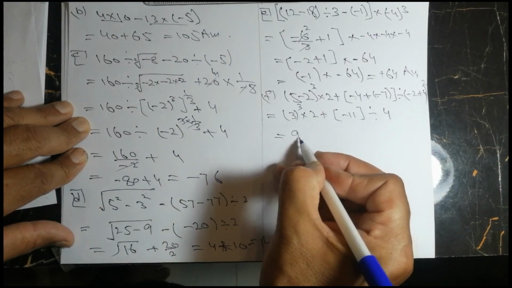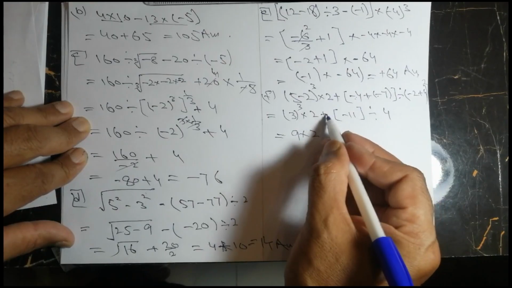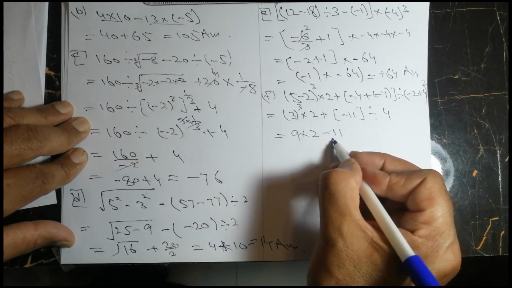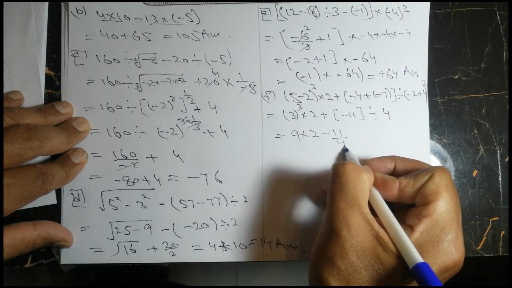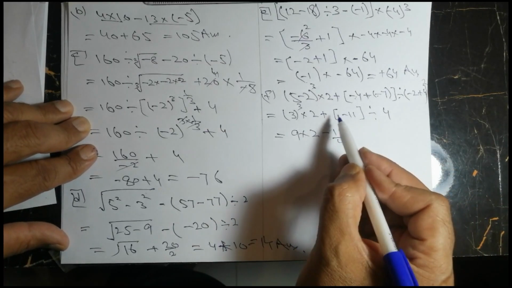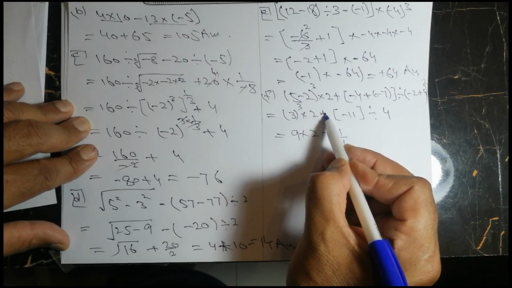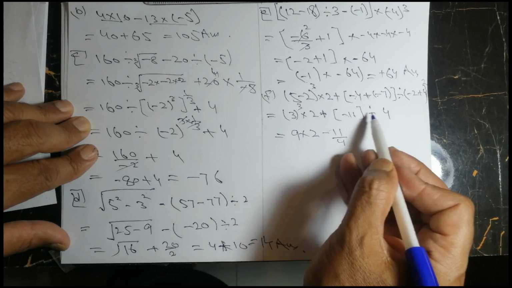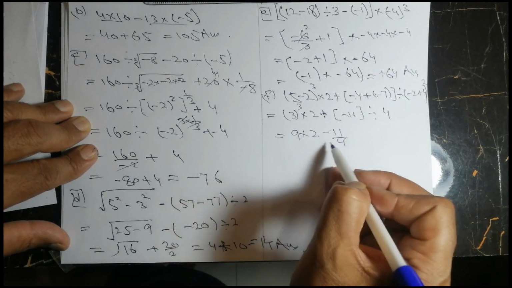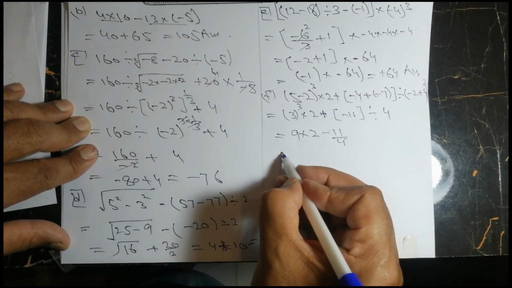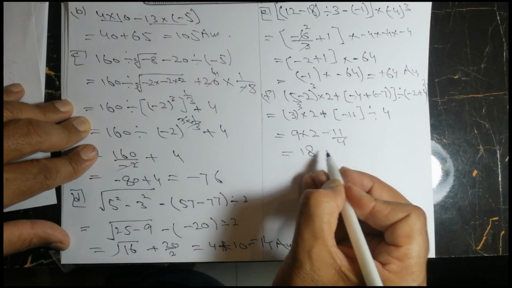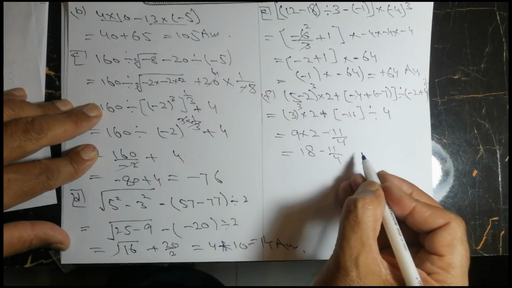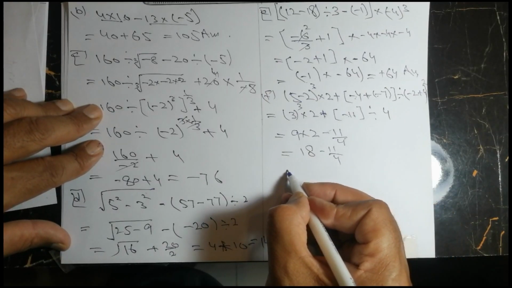So this is 3 cube is 27, sorry, 3 squared is 9 into 2 plus minus 11 divided by 4. Here there is a plus sign, so we can solve up to here, minus 11 divided by 4, not divided by all. So this is equal to 18 minus 11 by 4, and make this LCM.